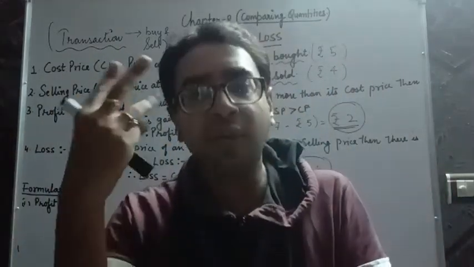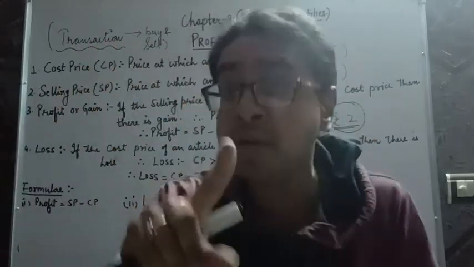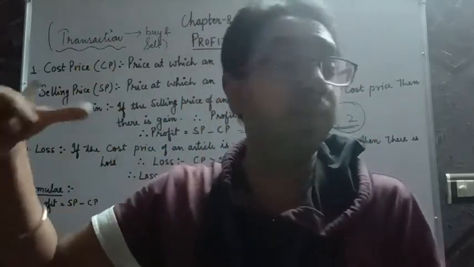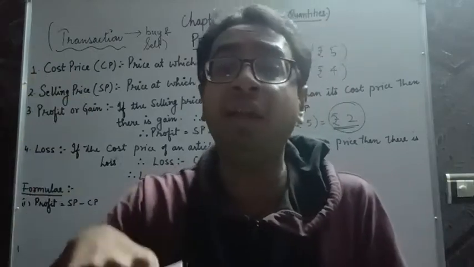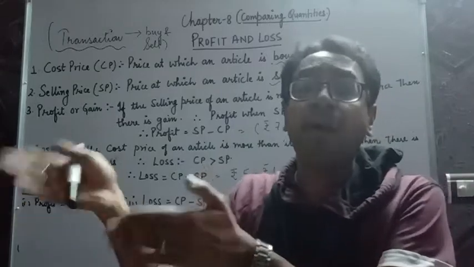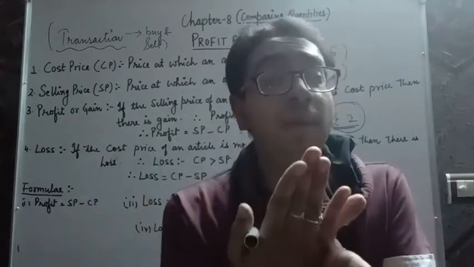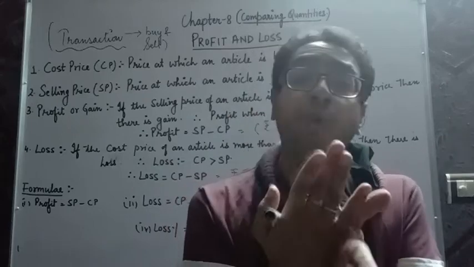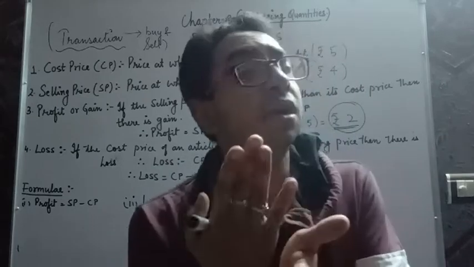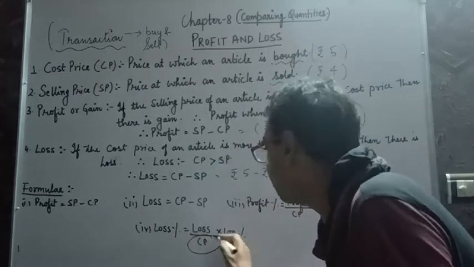Then only the three terms will come into the picture. Whether the profit is there, whether the loss is there, if you are selling at that price. Until you sell, you have bought it but not sold, so how is it possible to know profit and loss? So do remember, whenever we talk about profit and loss, we always account for profit and loss only on CP, never on SP.